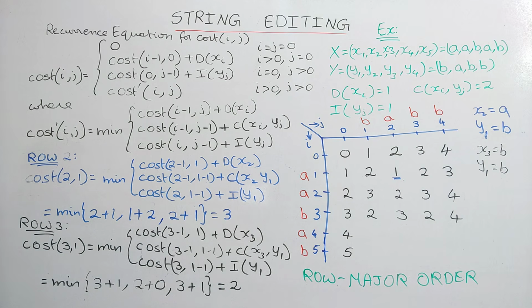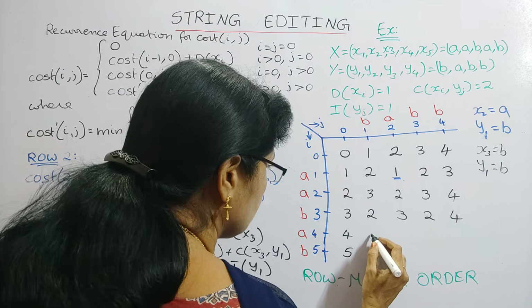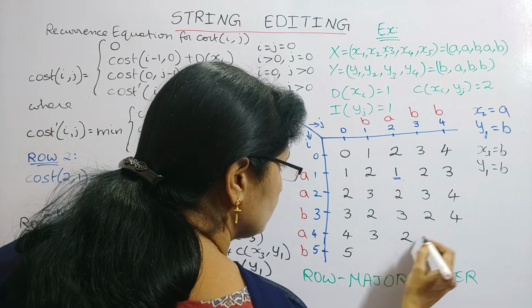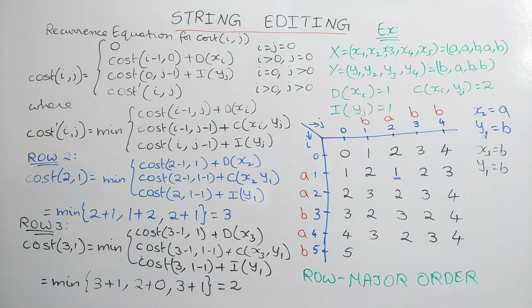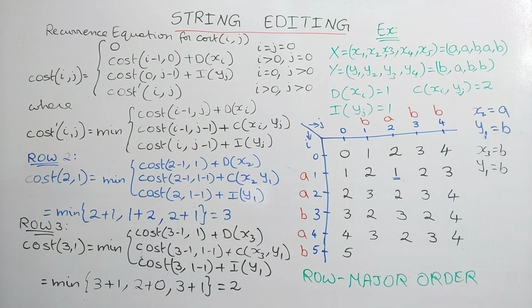Similarly, we should also compute for row 4. For row 4 also I am writing. It is 3, 2, 3, 4. And finally, you have to compute for row 5.